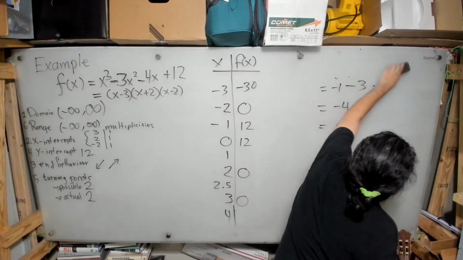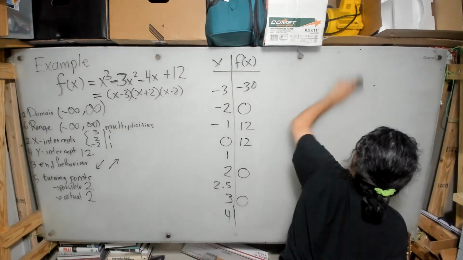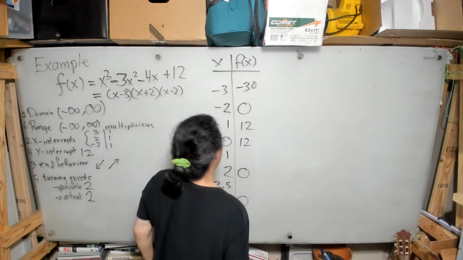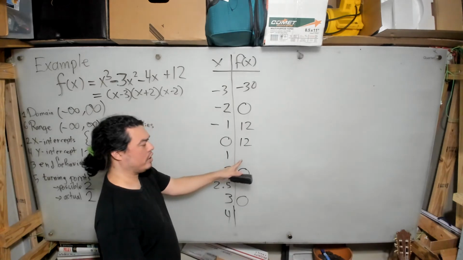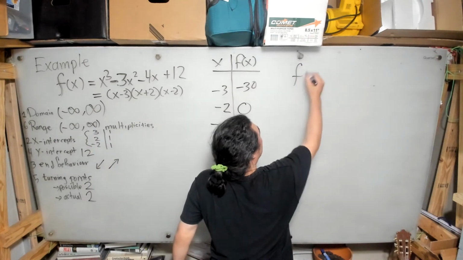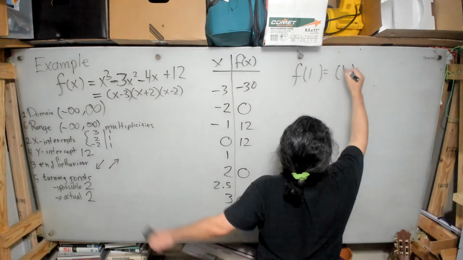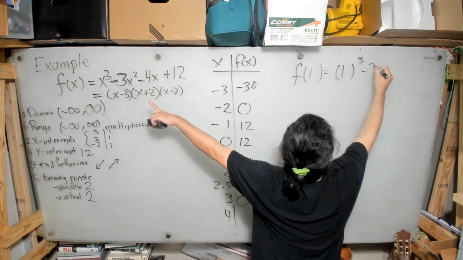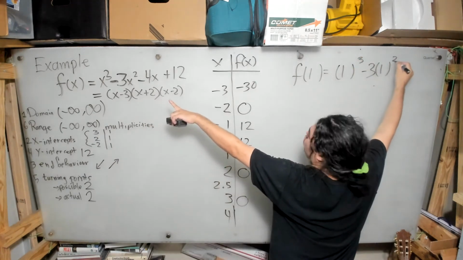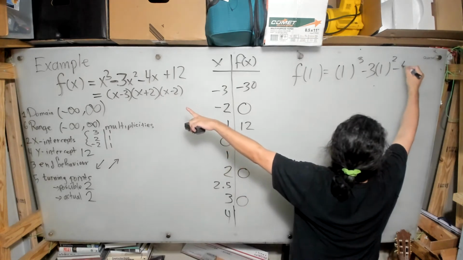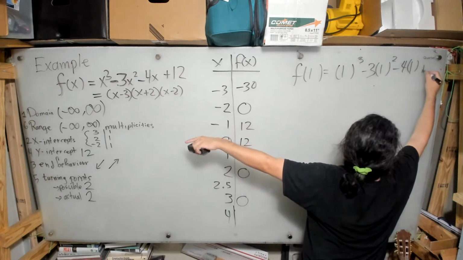So now, we can calculate what is f of 1 to get this value. f of 1 is going to be 1 cubed minus 3 times 1 squared minus 4 times 1 plus 12.